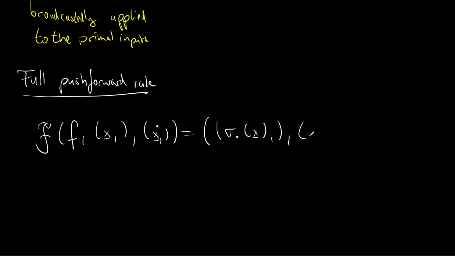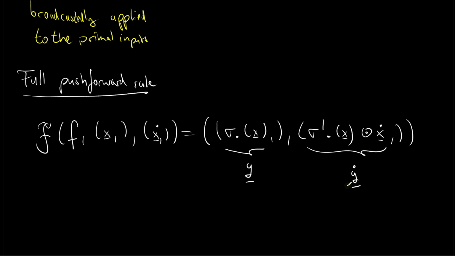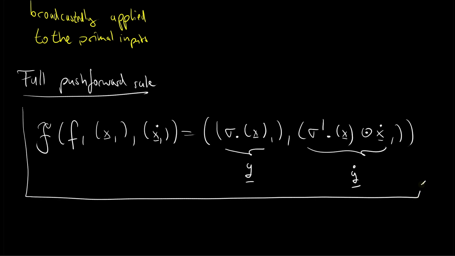And then we do the tangent computation, which was sigma prime broadcasted to vector x, element-wise multiplied with the tangents on x. So this one will be the primal output y, and this one will be the propagated tangent. This is the tangent on the output y. So let me make a box around that.